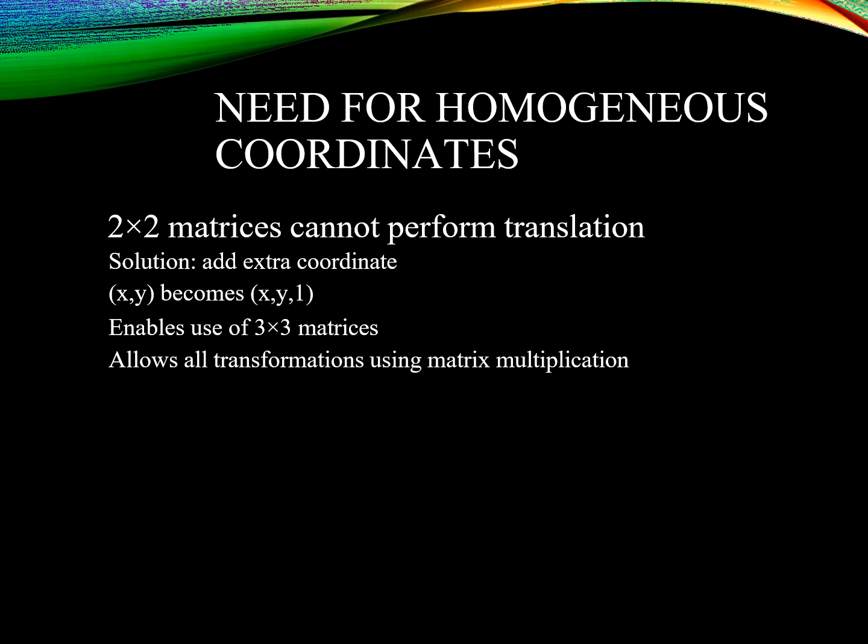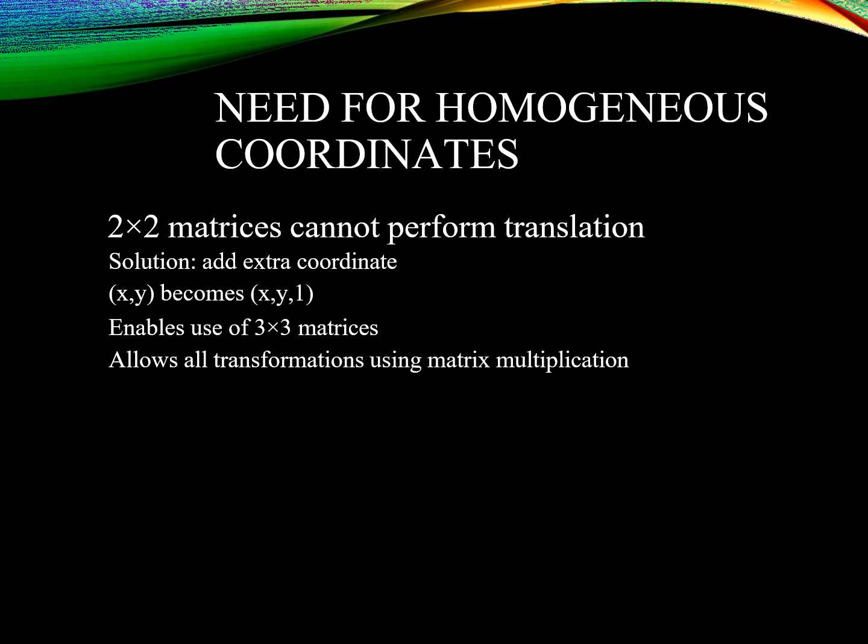Now let's understand why homogeneous coordinates are needed. A 2 by 2 matrix can perform scaling, rotation, reflection, and shearing. However, it cannot perform translation because translation requires adding values rather than multiplying. To overcome this limitation, we introduce an additional coordinate.